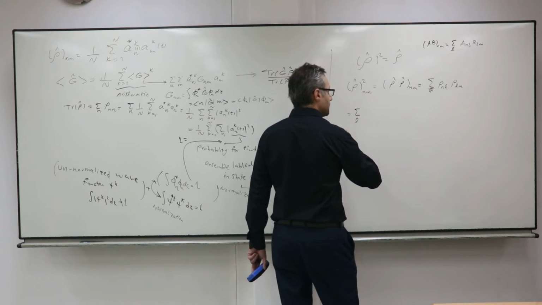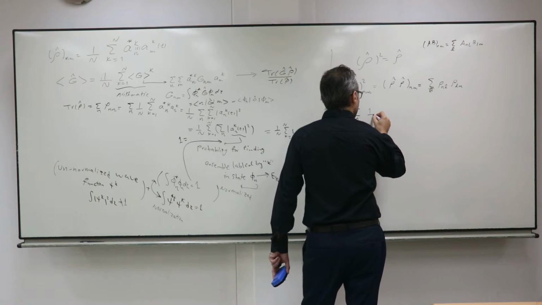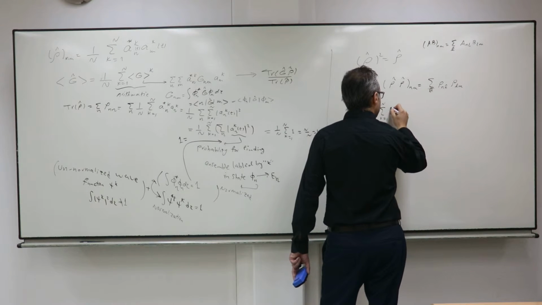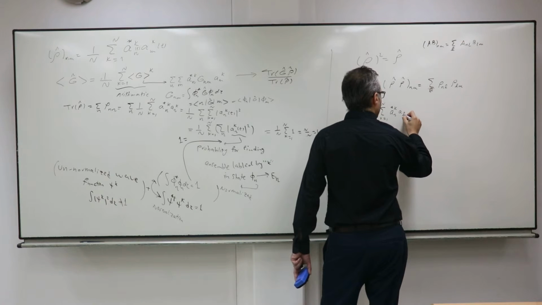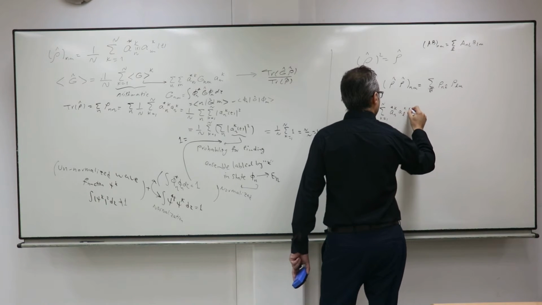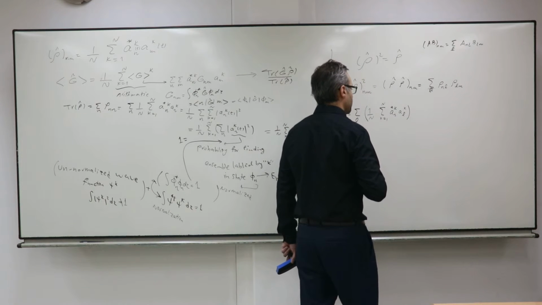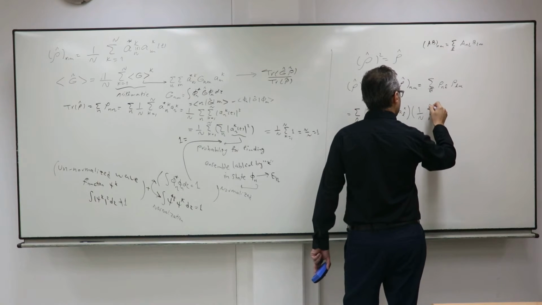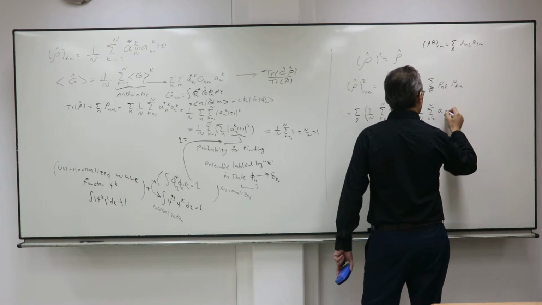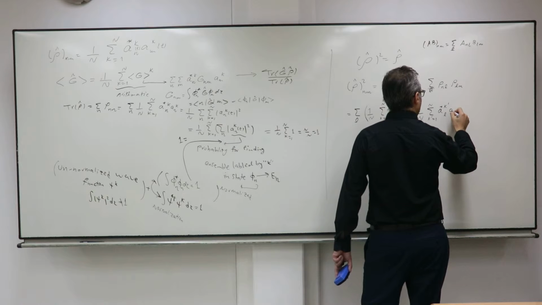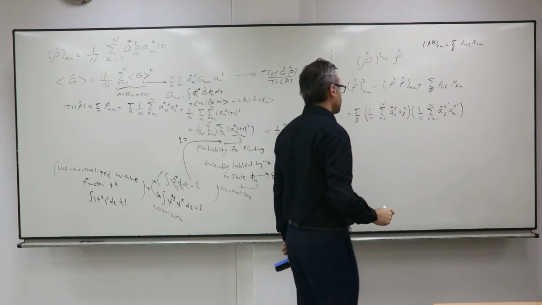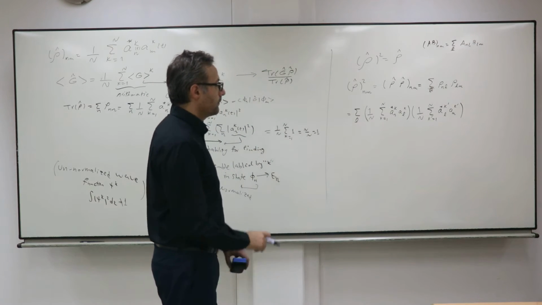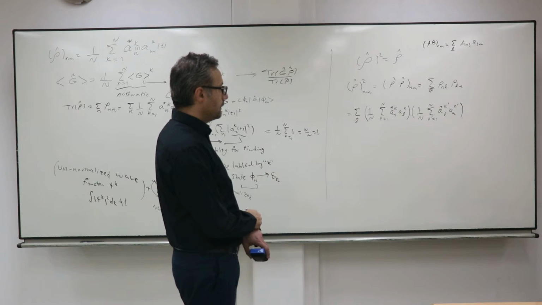Let me replace each component here: 1 over n, sigma k from 1 to n, a_nk star a_Lk, and 1 over n, sigma k prime, another index, a_Lk prime star a_mk prime.